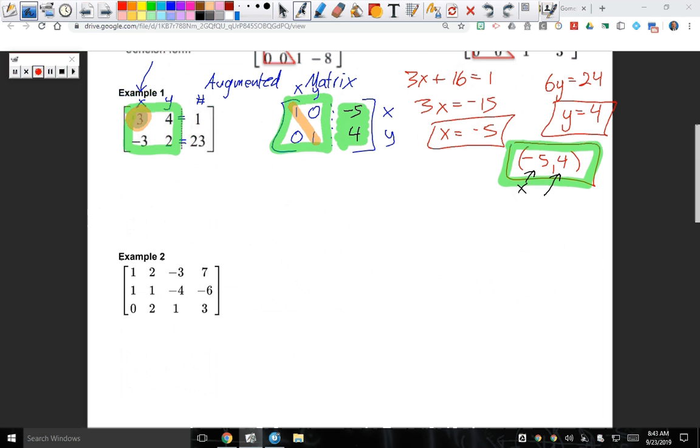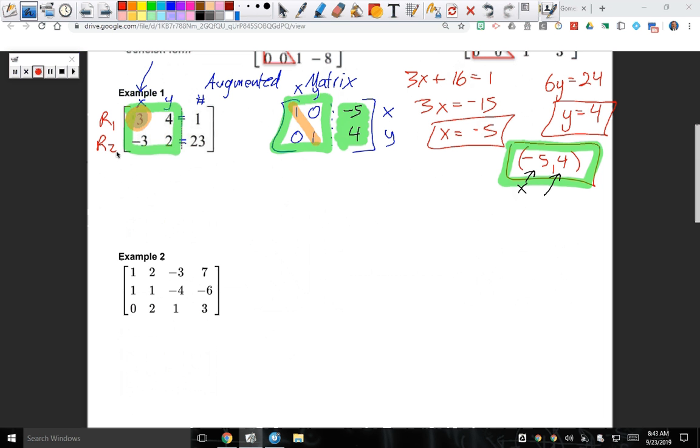Now here's where we did it last class. Let's call all of this right here row 1. And we're going to call all of this right here row 2. Okay? Here we go.